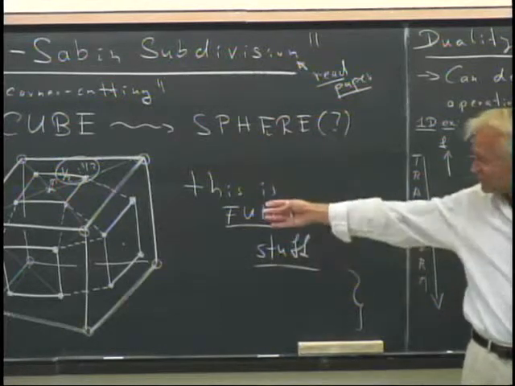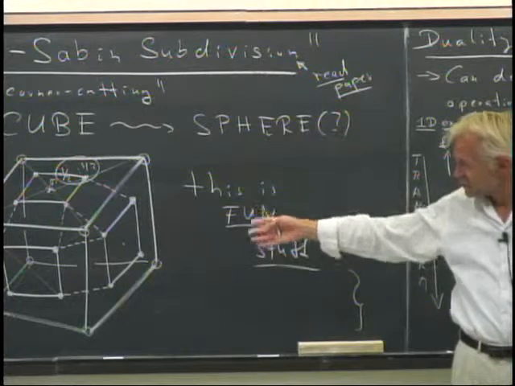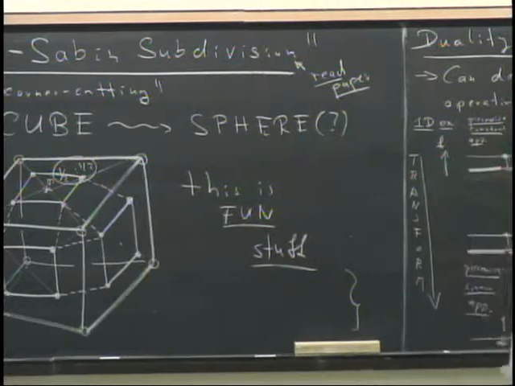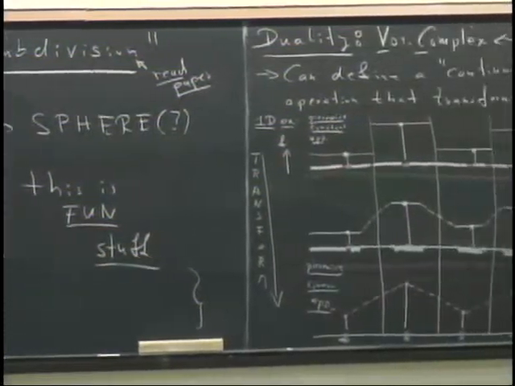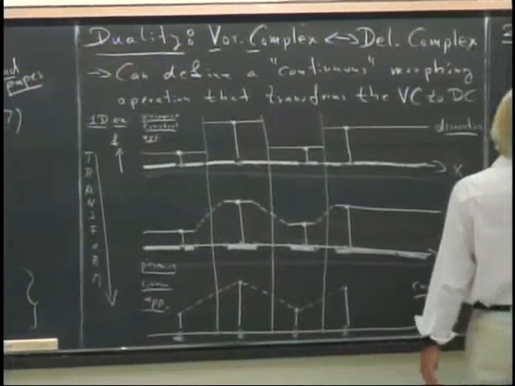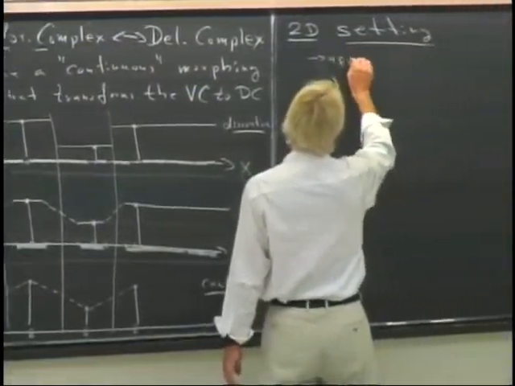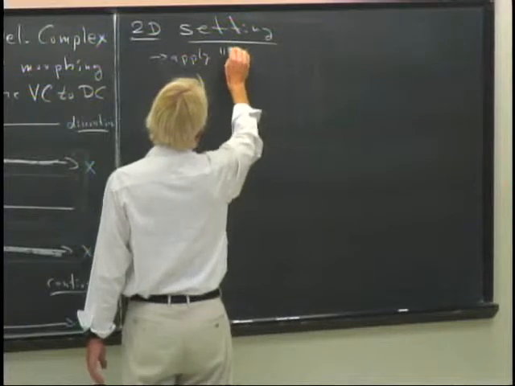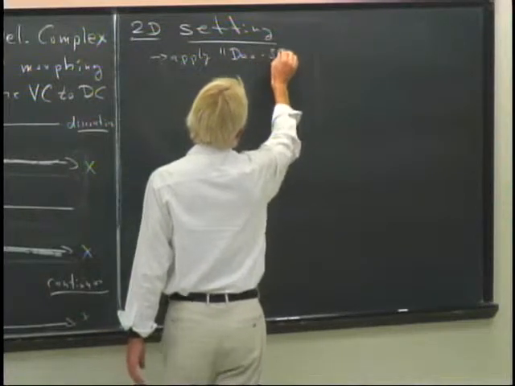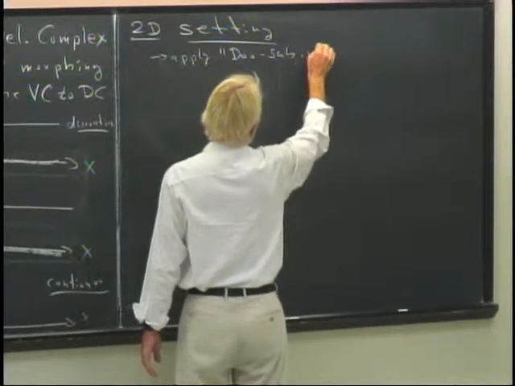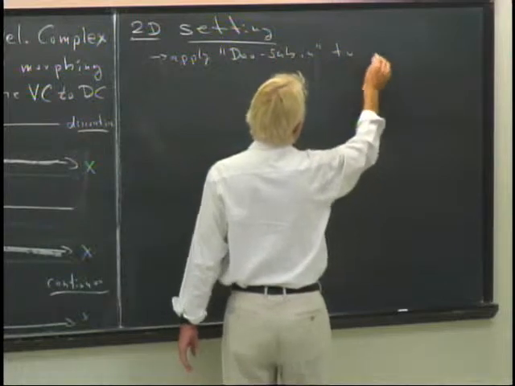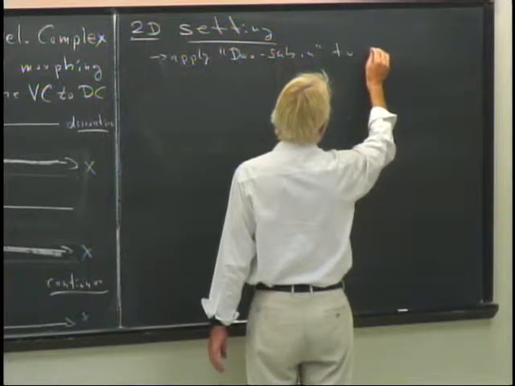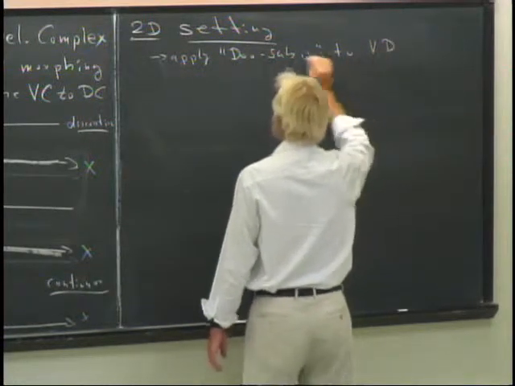And now we talk about this particular subdivision in the context of a planar tessellation. Apply the Doo-Sabin subdivision scheme to a VD, a Voronoi diagram.